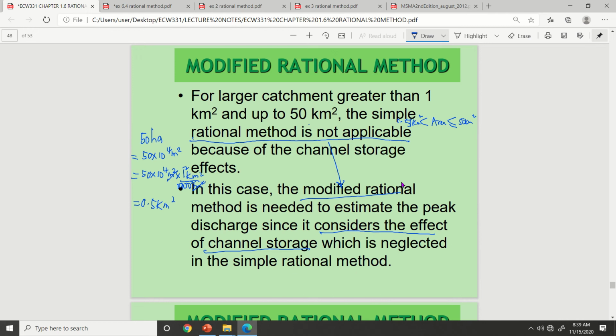For a larger catchment area greater than 1 kilometer squared up to 50 kilometers squared, this simple rational method is not applicable, so you have to use a modified one. Usually the question gives you the area in hectare, so you have to convert it into 1 kilometer squared or 50 kilometers squared to determine whether you have to use the simple or modified rational method.